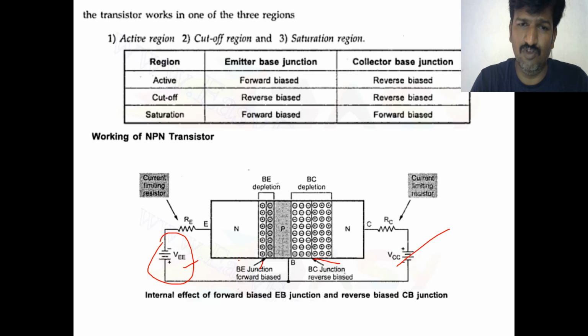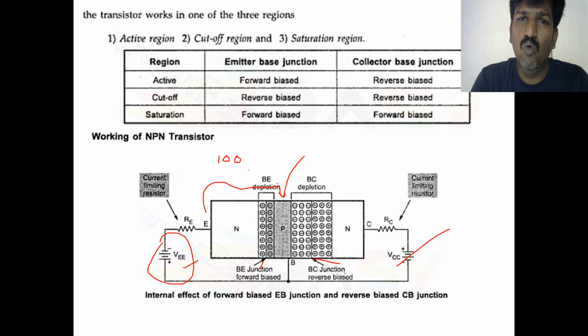When you give the external power supply to make the BC junction reverse biased and the BE junction forward biased, the emitter is going to eject majority carriers into the p-type material. What are the majority carriers of the n-type material? Electrons. Let me consider 100 electrons are emitted from the n-type material to the base. What are the majority carriers of the p-type material?